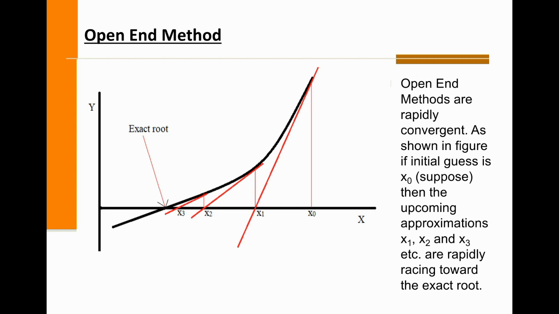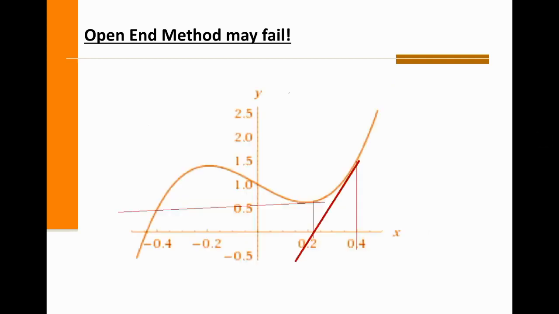You can see the open-end method is very fast as compared to the bracketing method. But my dear students, open methods are not always convergent. They may fail. This is a graphical view of the same Newton-Raphson method for your understanding. Just see, I have started from point 4 here, right? At point 4, the tangent falls near some point 2 value.